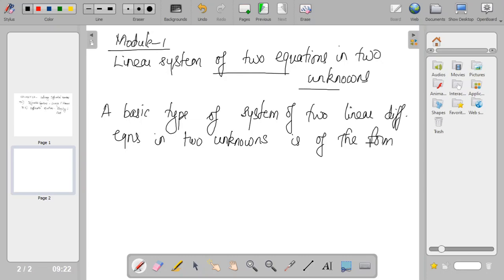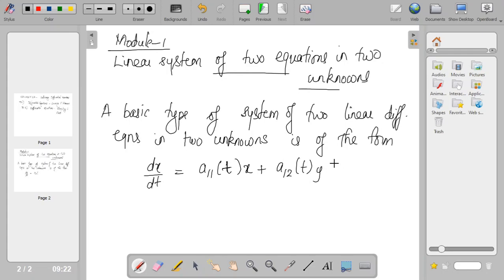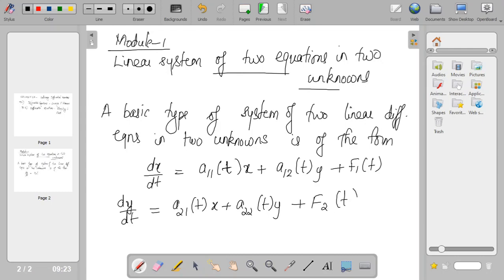So the basic type of system of 2 linear differential equations in 2 unknowns will be of the form dx/dt = a11(t) x + a12(t) y + f1(t), and dy/dt = a21(t) x + a22(t) y + f2(t).